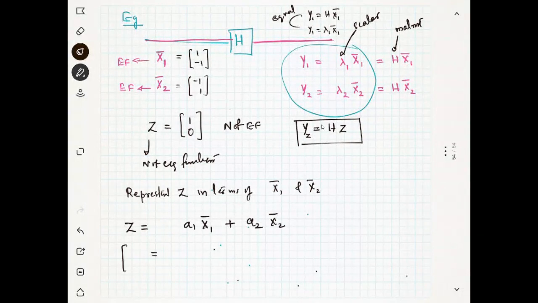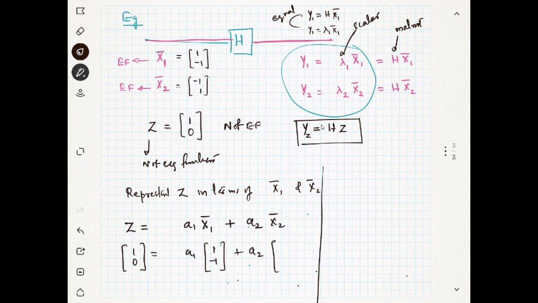Please tell me the numbers. I want z, which is 1 and 0. a1 into x1 bar is 1 and minus 1, plus a2 into x2 bar is minus 1 and 1. What will be the constants?